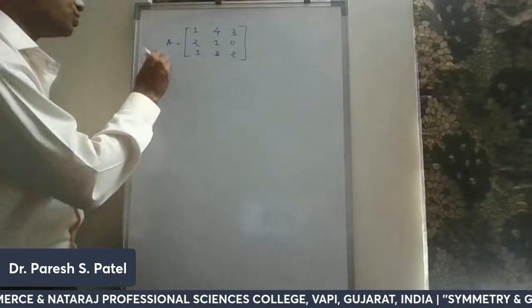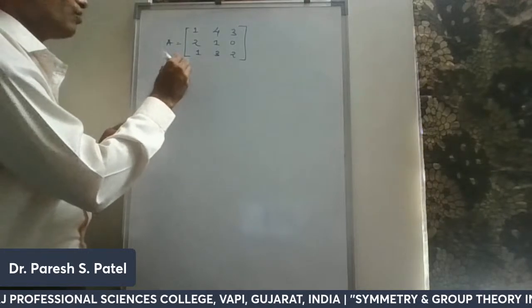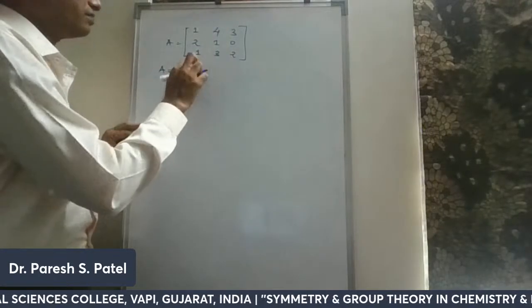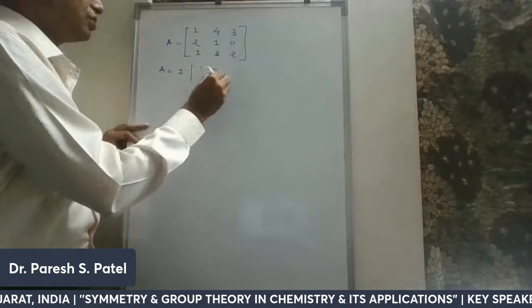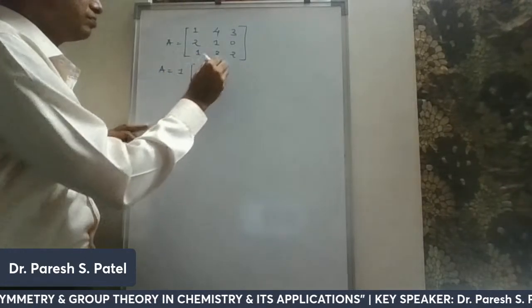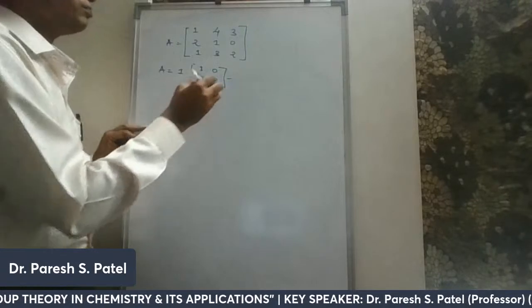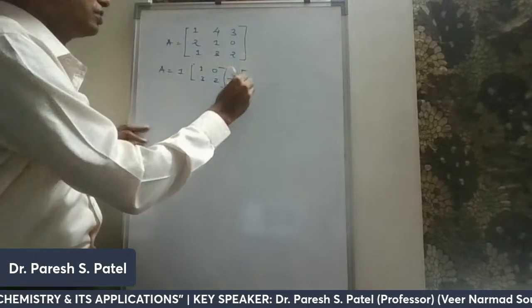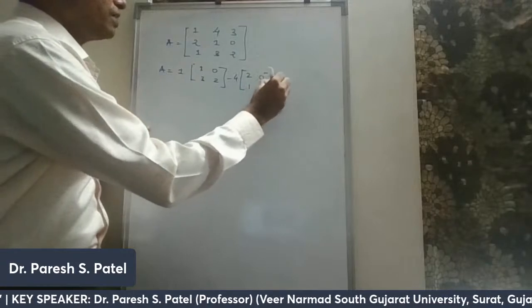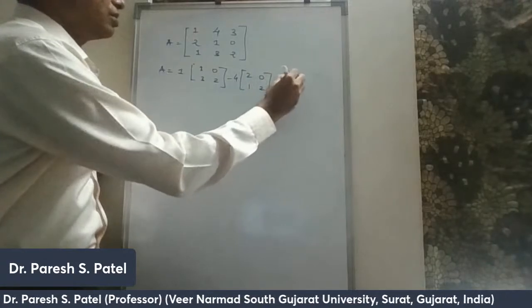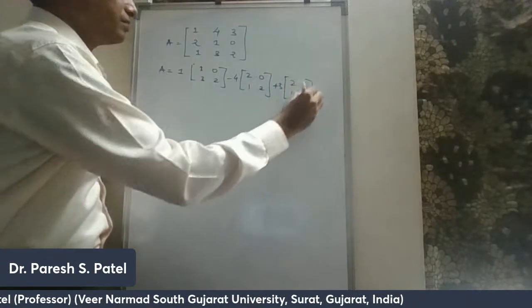Determinant A is equal to 1, remainings are 1 0, 3 2, minus 4, remainings are 2 0, 1 2, plus 3, remainings are 2 1, 1 3.